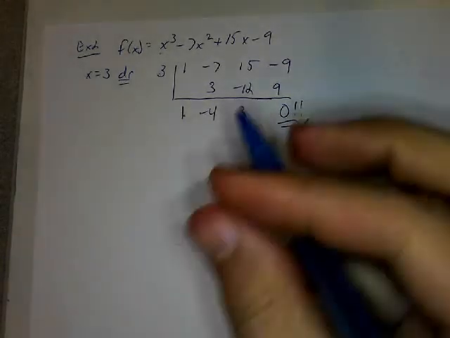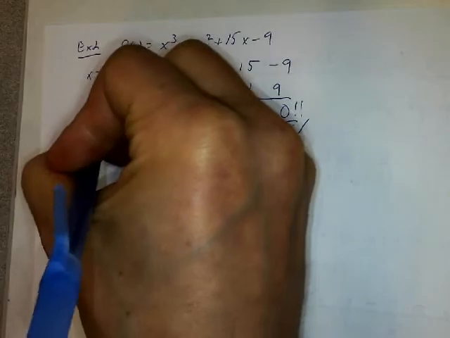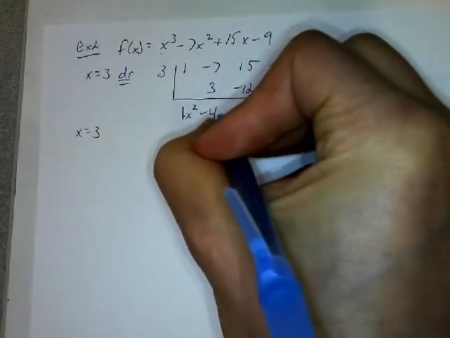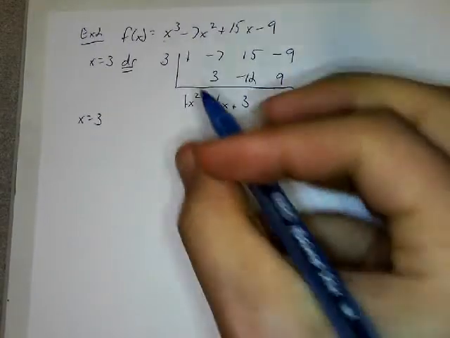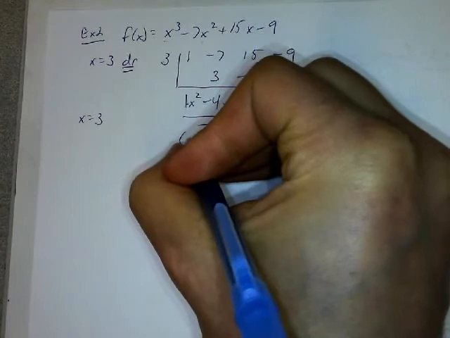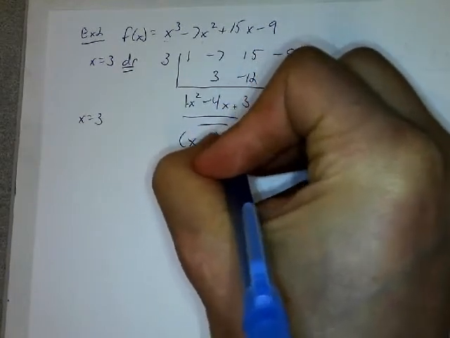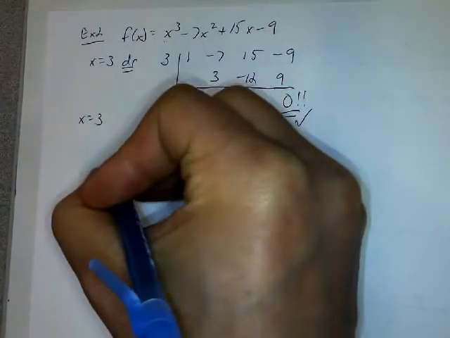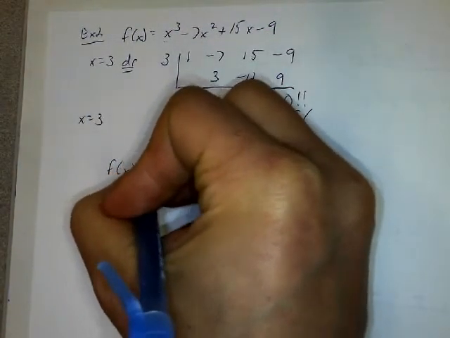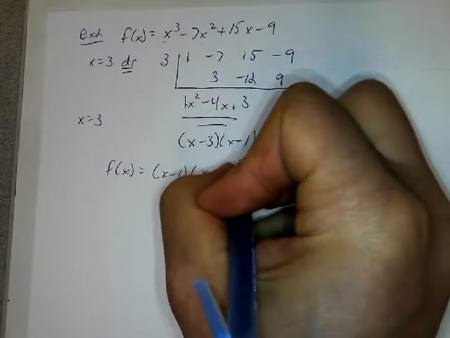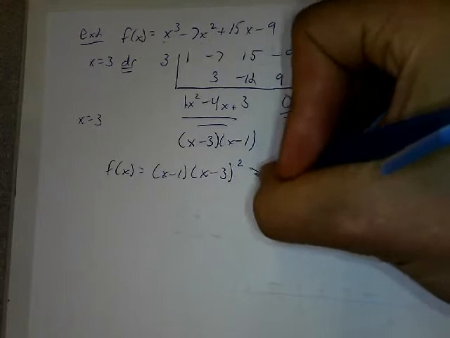Going back to the remainder and factor theorem, we now know that x equals 3 is one solution, or one x-intercept. And we're left with the expression x squared minus 4x plus 3, which we can factor. This becomes x minus 3 times x minus 1. Therefore, our expression factors into x minus 1 times x minus 3 squared. This is why it's a double root.